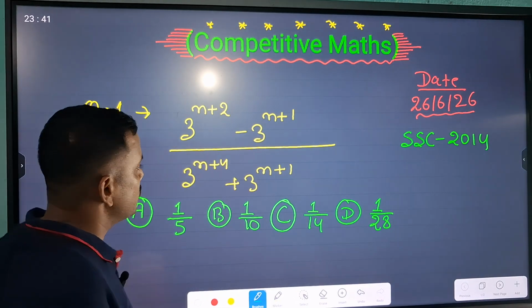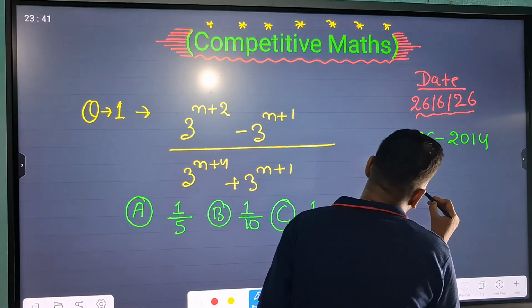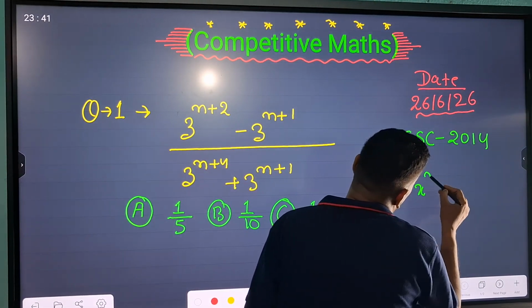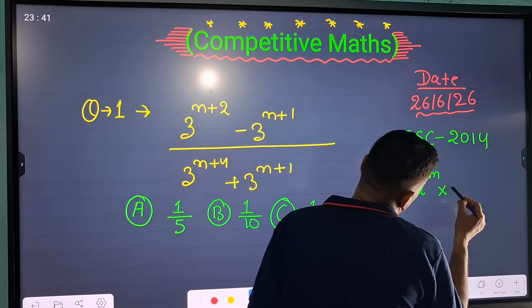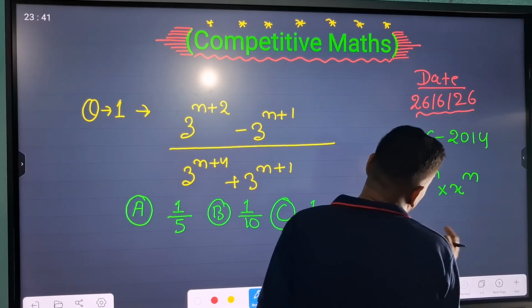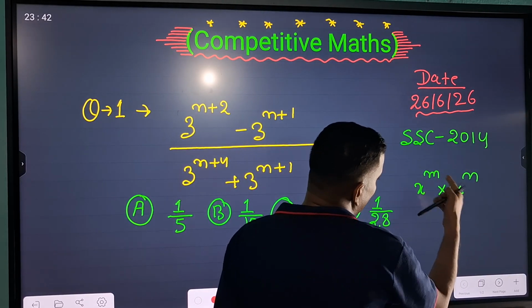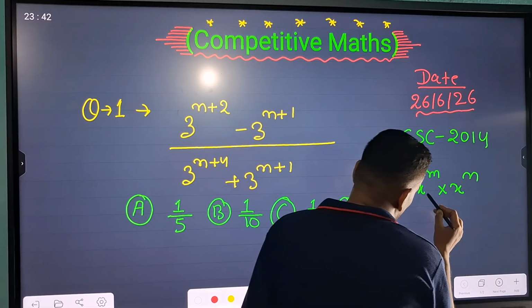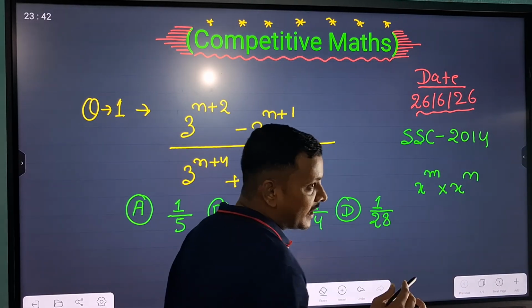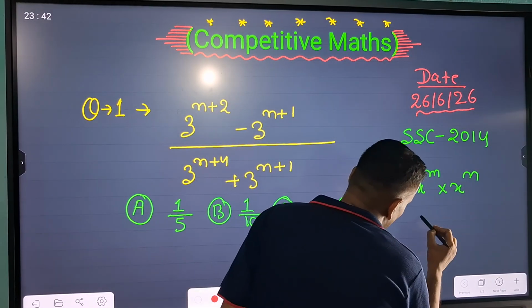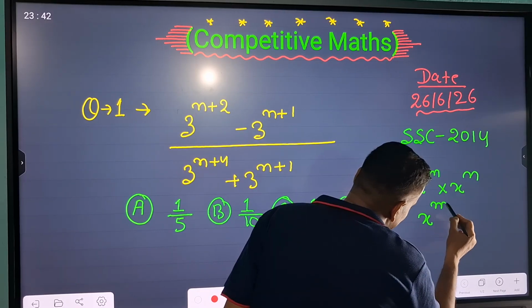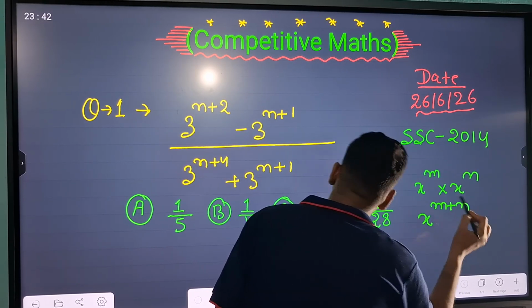So what you have to do, you know one famous formula: if x to the power m into x to the power n, if the base is same and the powers are different, and both the terms are in multiplication, then the powers will be added, that means x to the power m plus n.